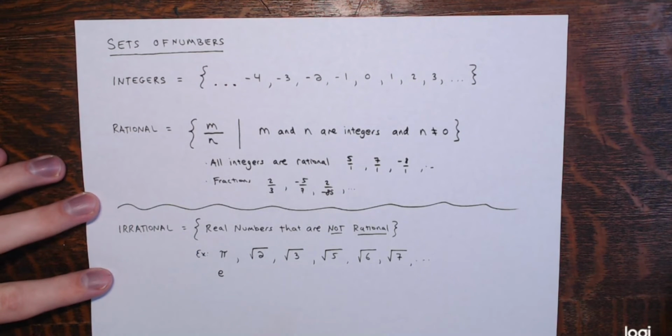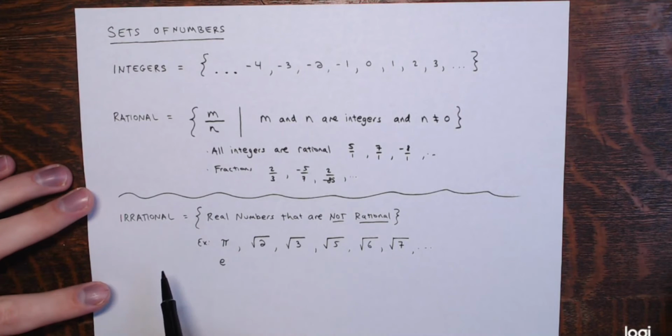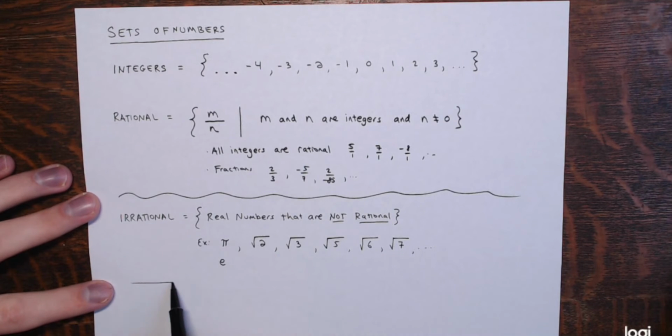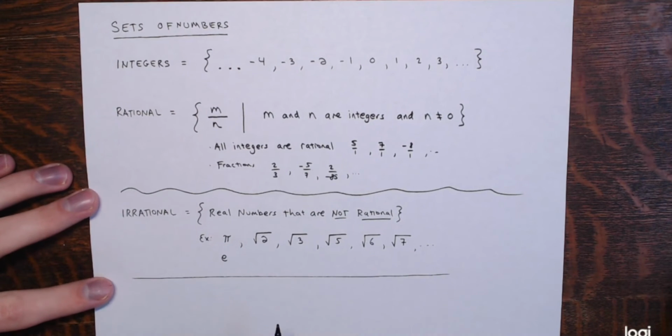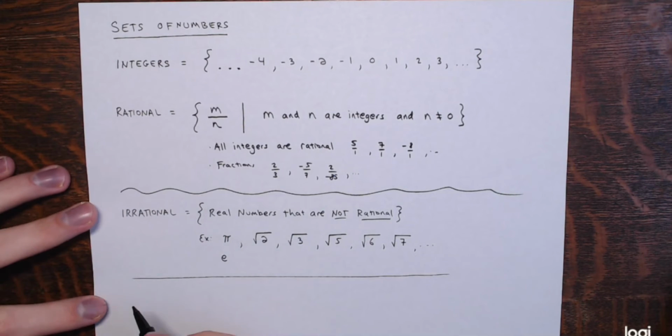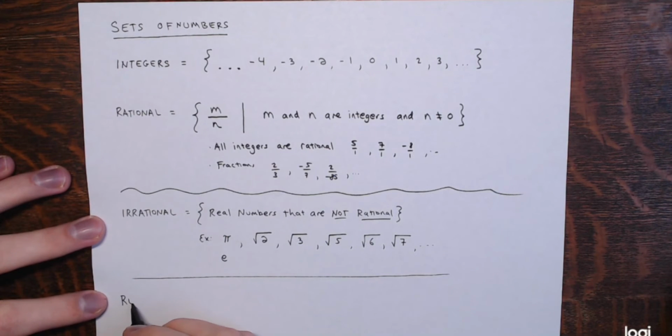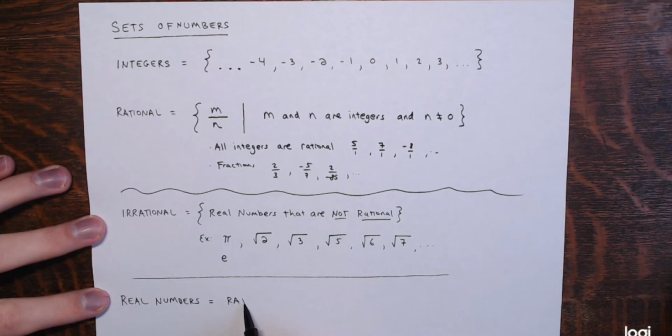All right, so I mentioned the real numbers, and real numbers have been brought up in previous videos. You've heard real numbers be brought up, I'm sure. All right, what are the real numbers? Well, the real numbers are just the rational numbers in union with the irrational numbers.